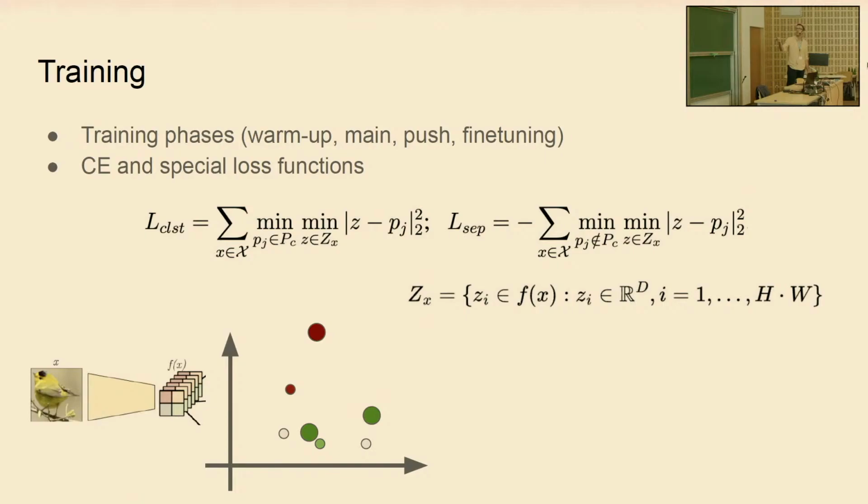This will be this dot, and we want to attract them together. So we want an example of the green class to be close to the prototypes of the green class. This is the clustering function.